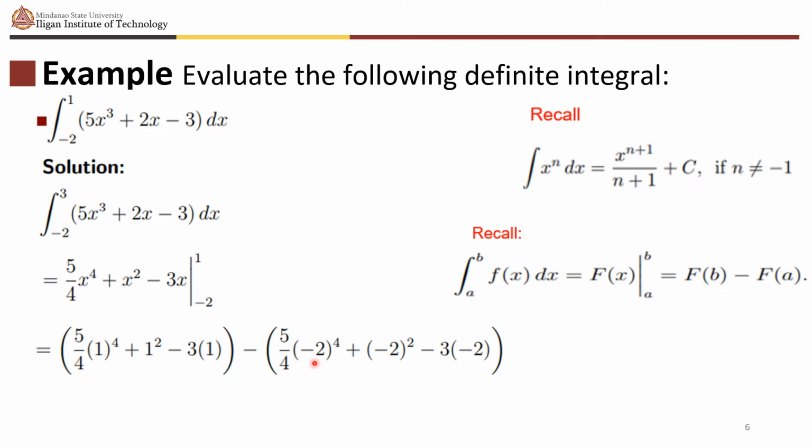So 5 over 4 minus 2 is raised to the 4th, so minus 2 to the 4th, plus minus 2 squared, again, because we have x here is raised to the 2nd power, minus 3 times negative 2. That's 3 times our lower limit, negative 2. And simplifying all of this, we can verify that you should come up with negative 123 over 4.